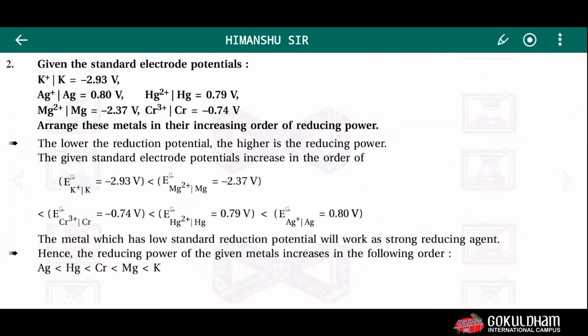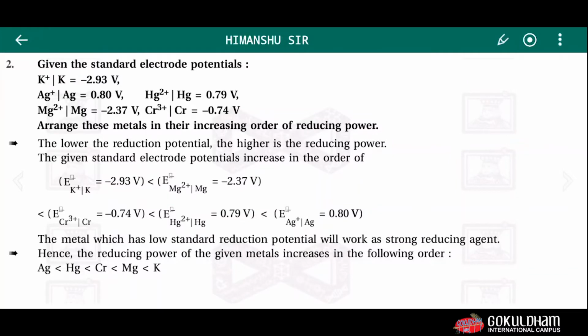silver, mercury, chromium, magnesium, potassium, because silver has the highest voltage, 0.80 volts, then the smaller value 0.79 volts, then the lower value minus 0.74, then minus 2.37, and then minus 2.93 volts.